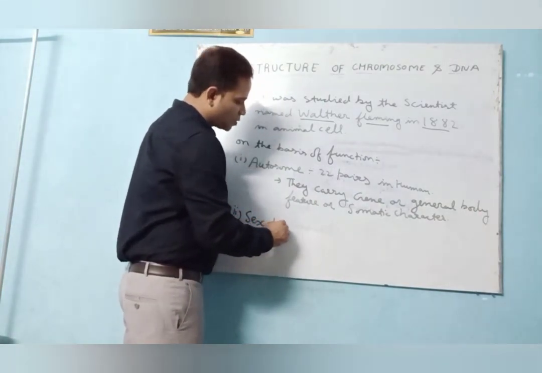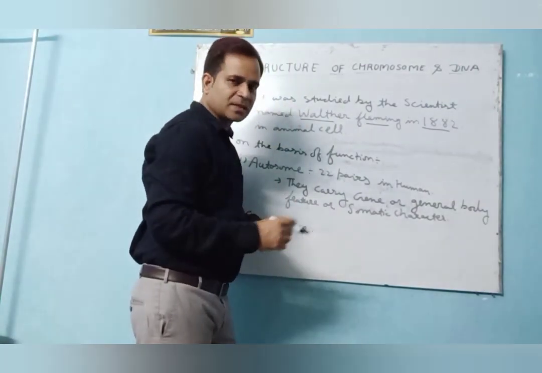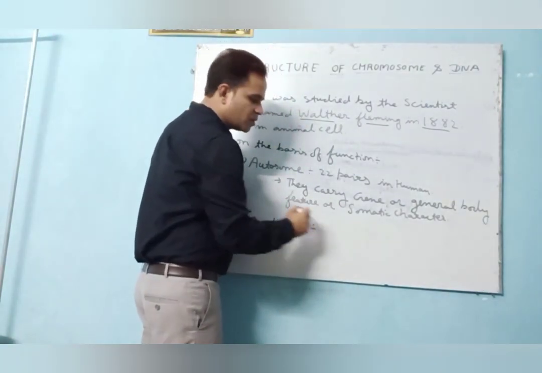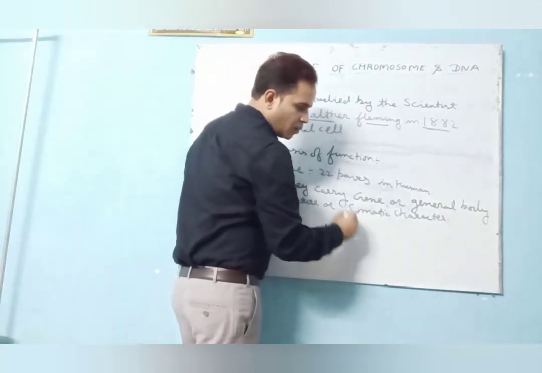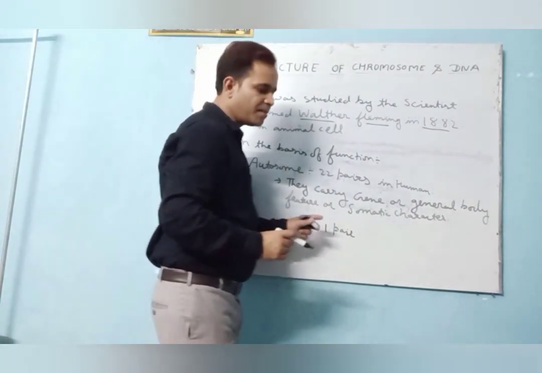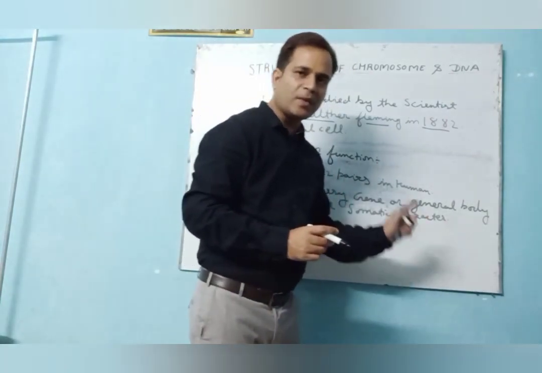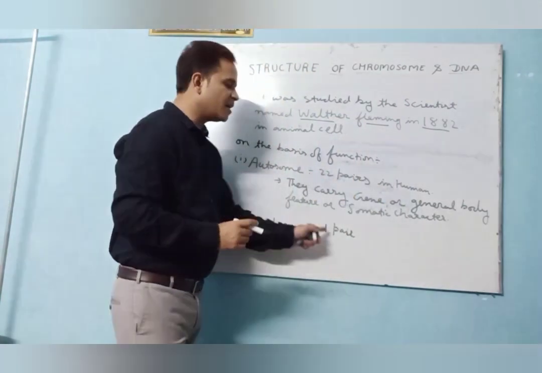sex chromosome. What are the sex chromosomes? How many pairs of sex chromosomes? One pair. Clear? So the one pair, that is what? 22 pairs are autosomes, and one pair is what?